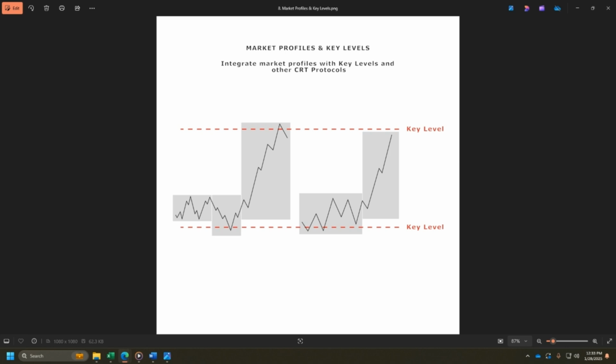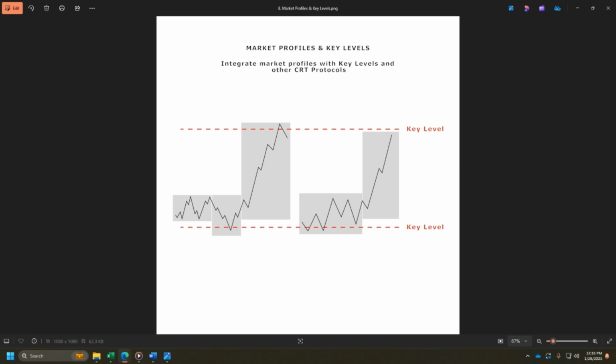CRT is candle range theory. It's a method of marking up candles, specifically just using the open, the high, the low, and the close of the candles as levels.